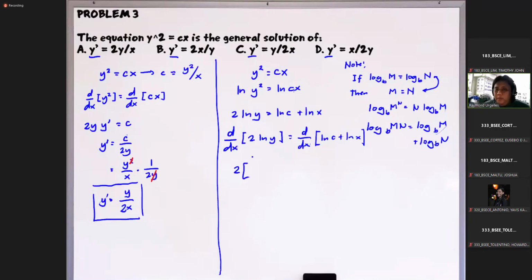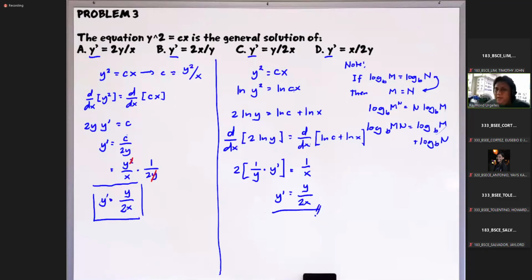The derivative of ln is 1 over what is inside, so 1 over y, and by the chain rule this should be multiplied by y prime. This is equal to the derivative of the constant, which is 0, plus the derivative of ln x, which is 1 over x. Solving for y prime, this is equal to y over 2x. So we get the same answer.